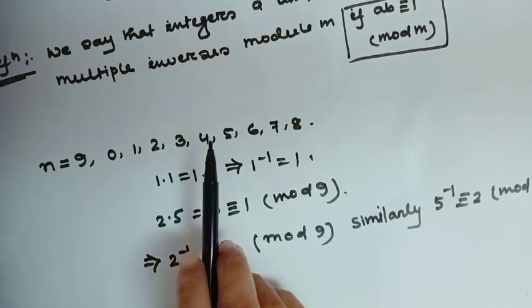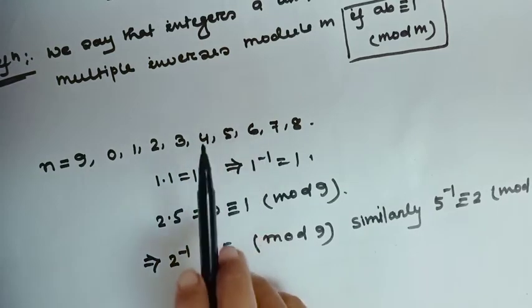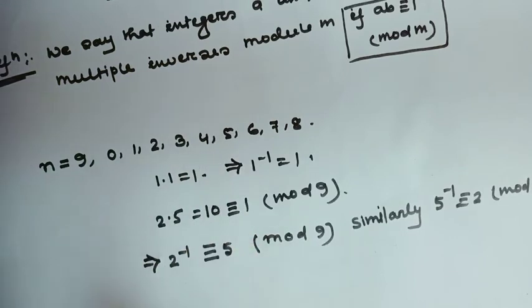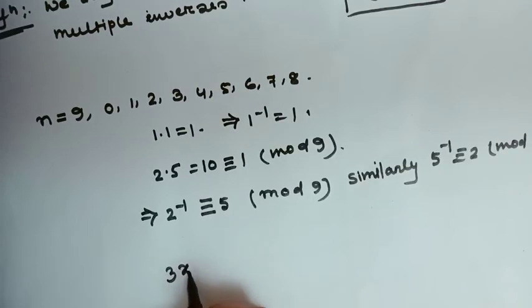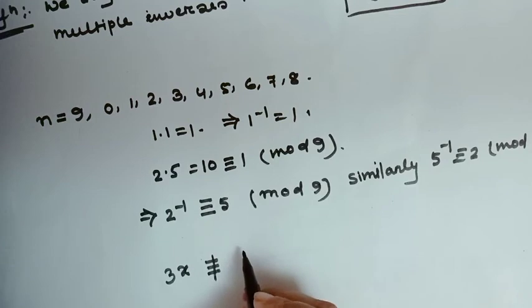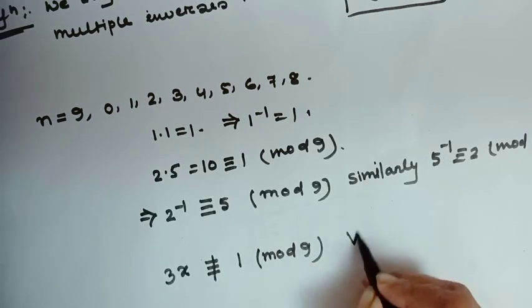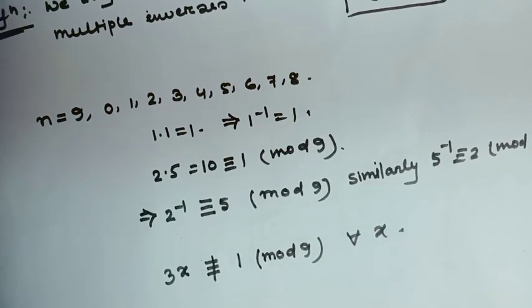If you keep going, we cannot get an inverse of 3. That implies 3 times x is not congruent to 1 modulo 9 for all x.